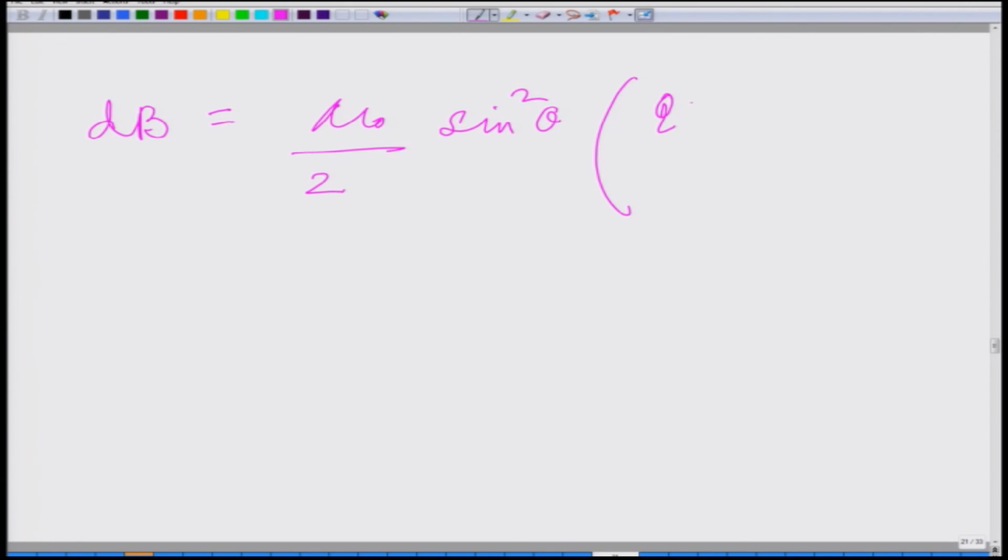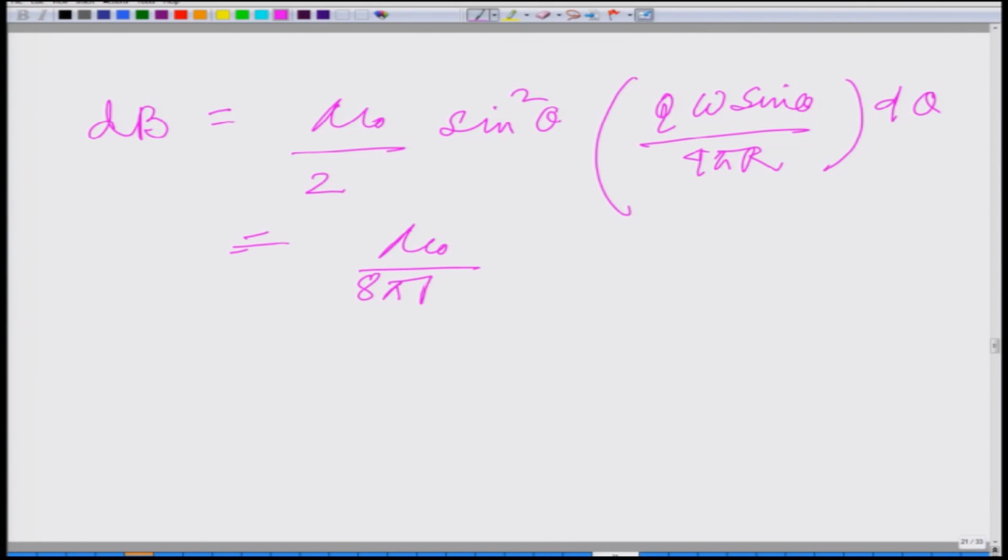So, I get omega q sine theta by 4 pi r d theta. This is the dI. So, this is giving me mu 0 by 8 pi r q omega sine cube theta d theta.